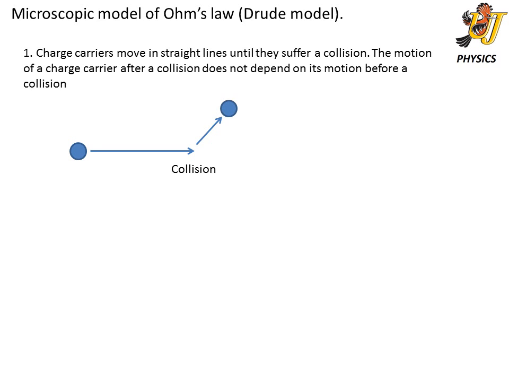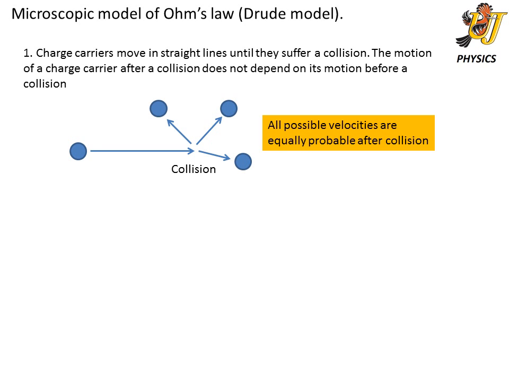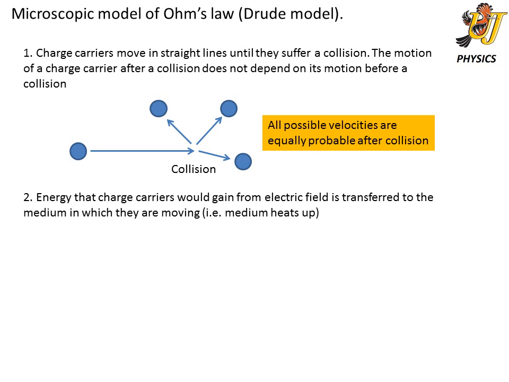Importantly, however, we assume that the motion of the charge carrier after the collision does not depend in any way on its motion before the collision. This implies that any velocity after the collision is equally probable. So all possible velocities that may occur after a collision are equally probable.